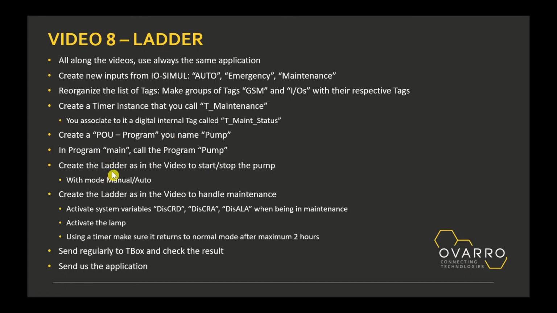In the program pump you create the ladder as in the video to stop the pump with a manual and automatic mode, and you create the ladder as in the video to handle the maintenance with the activation of system variables, with activation of a lamp, and with using a timer to make sure it returns to normal mode after maximum 2 hours. Don't forget to send regularly the program to TBox and check the result. Finally, send us the application. Good luck!